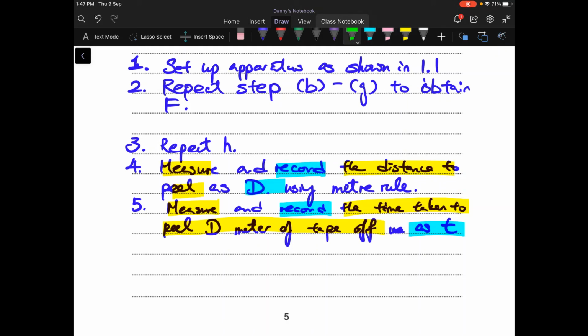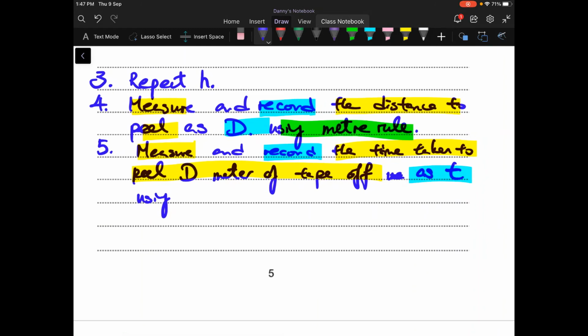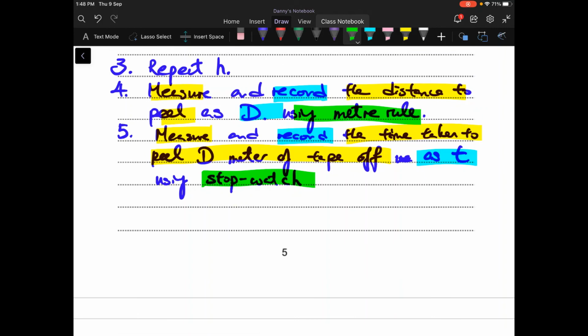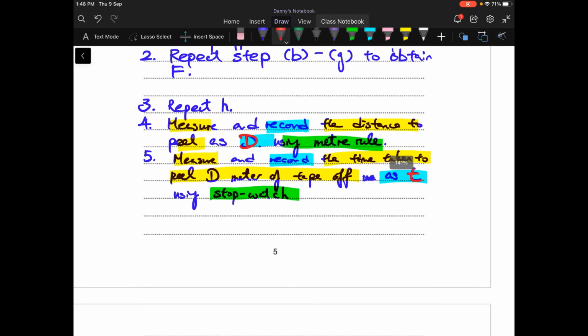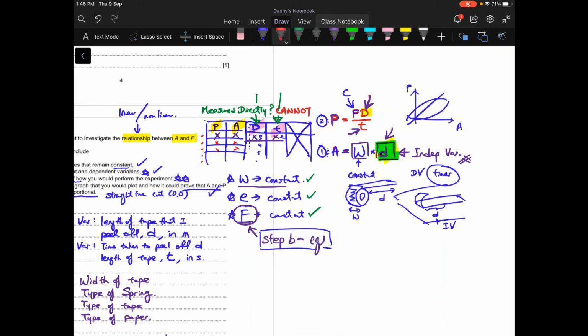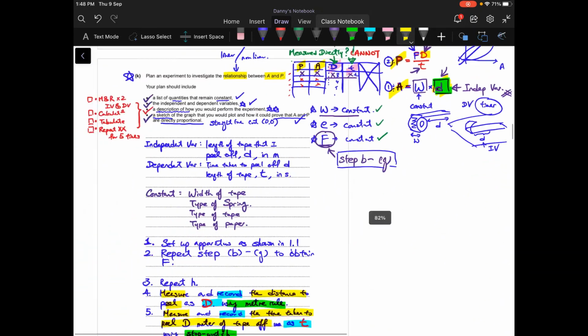Yeah, and don't forget, you need to mention what kind of equipment that you want to use to measure this. So for my step number 5, for the time, I'm going to use a stopwatch. So now I have these two statements. So after I obtain my D and after I obtain my F, referring to my rough plan, I will then need to go and calculate my P and my A respectively.